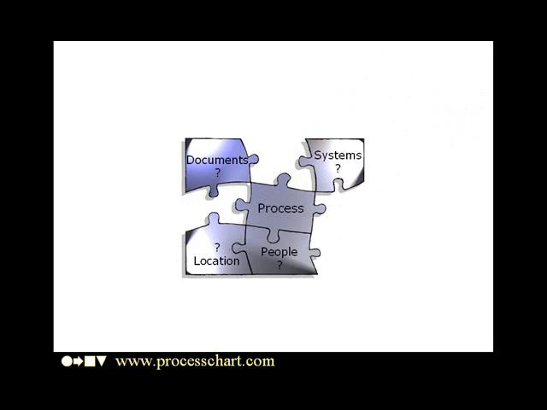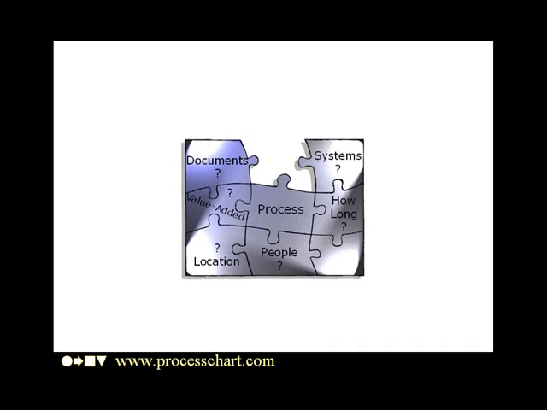So what else does help us understand process? Well, how long do the process steps take? Where's the value added? Specifically, where in an information process is information added or changed? Where are process decisions made?